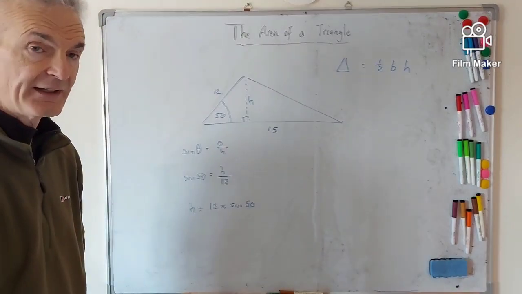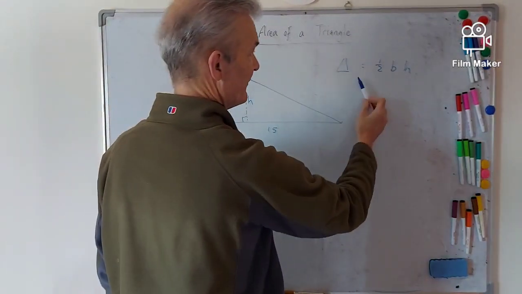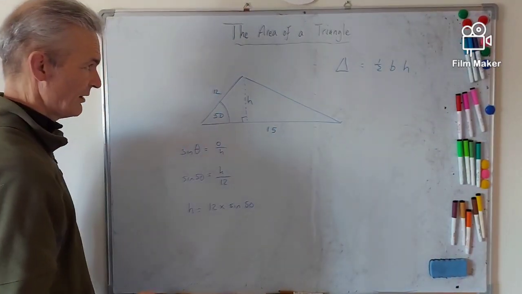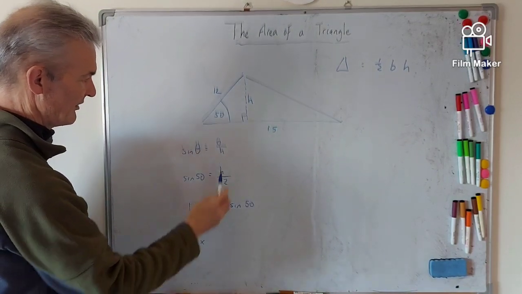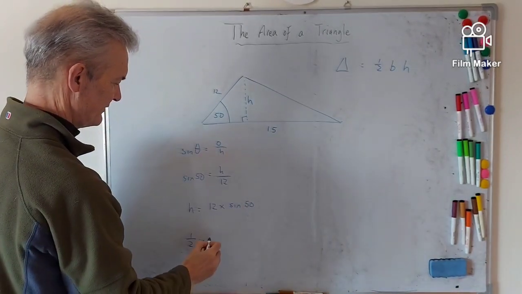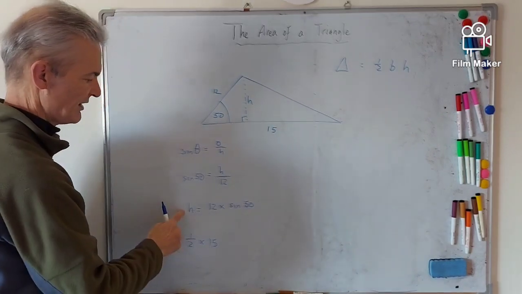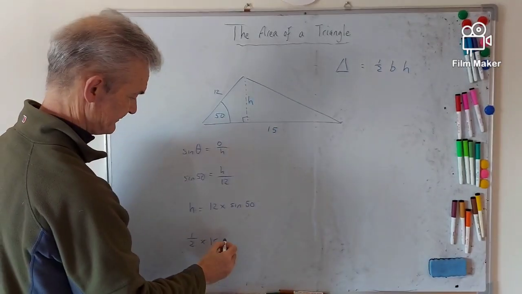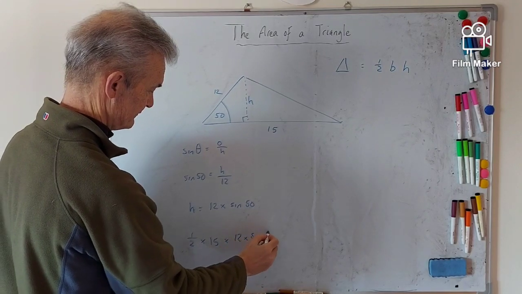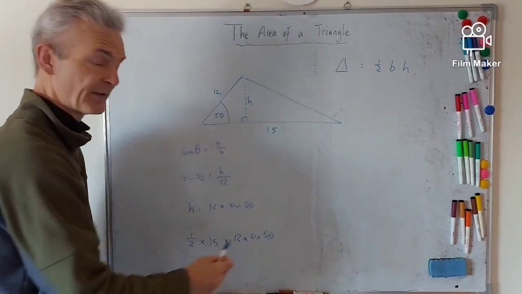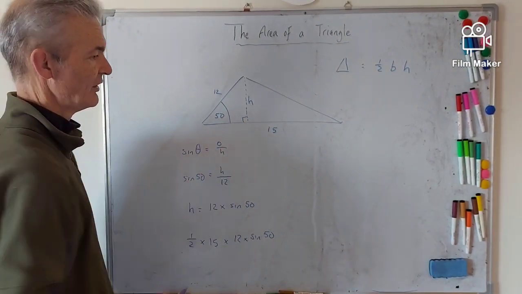Then once I've got the height, I can use this formula over here. So I'm going to put that in. I'm going to do half times the base, which is 15, times the height, which we've just got here. And that would then give me the area of this triangle.